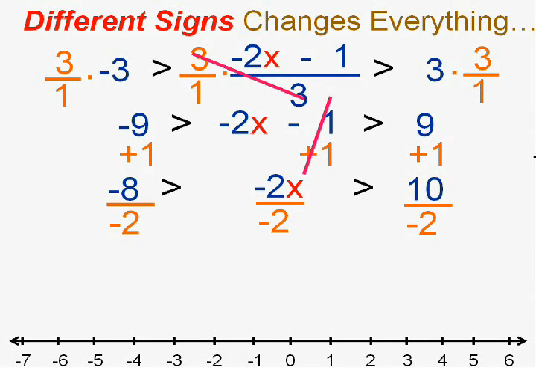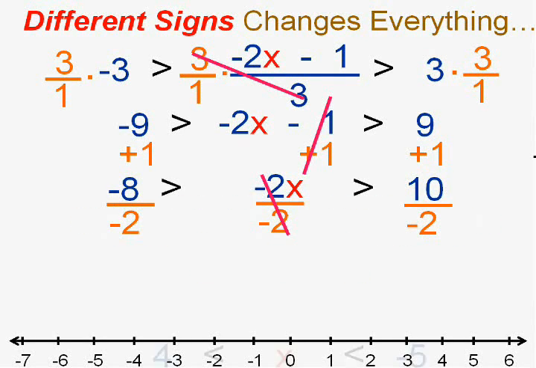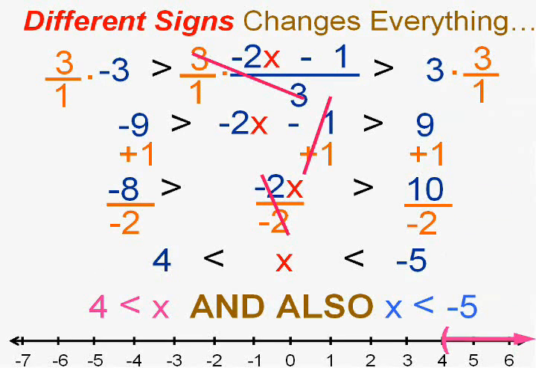And since I divide by -2, what am I going to do? I'm going to flip the signs. Now you got to be careful. What is both, because it's a conjunction, greater than 4? X is greater than 4. The mouth's opening up to the X, isn't it? And also less than -5. The important thing is, is it your final answer?